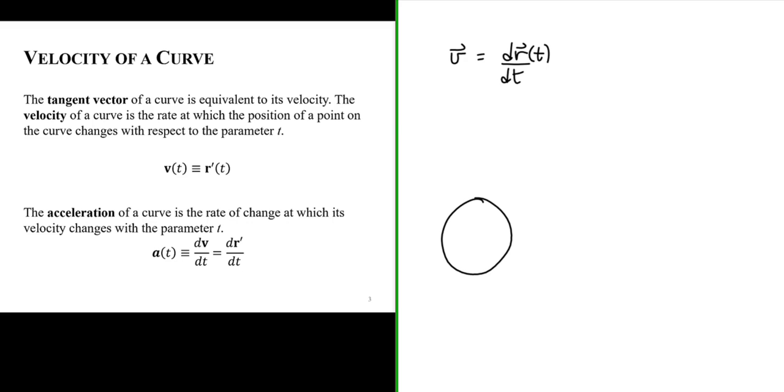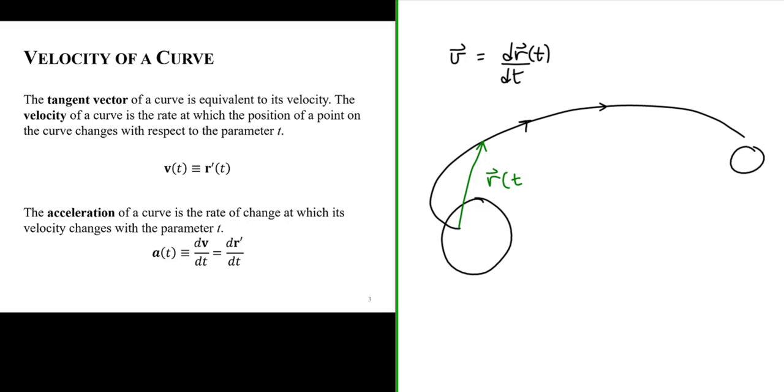So if we are looking at our space probe to the moon example, and we look at the probe, let's say, at this point on the curve, defined by a position function at that point, I'll just call this point A. So the position function at point A will have a corresponding velocity vector.